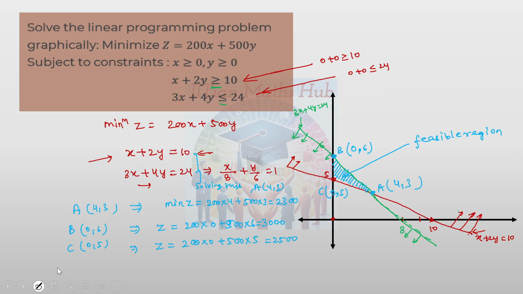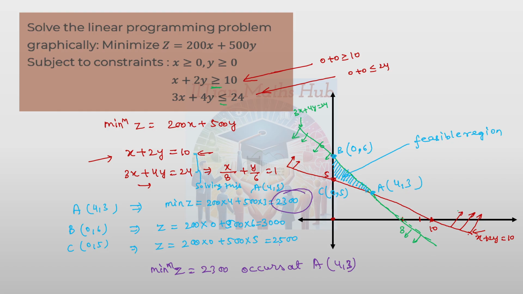So that will be our required solution, our minimum value. So the minimum Z is equal to 2300, which occurs at A, 4 comma 3. That's it. This is how the question is done in this chapter.